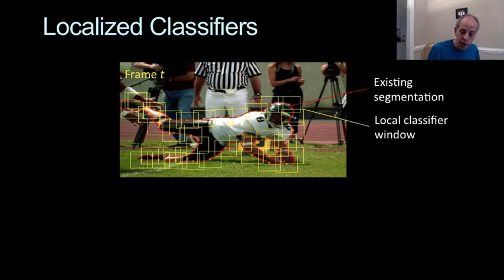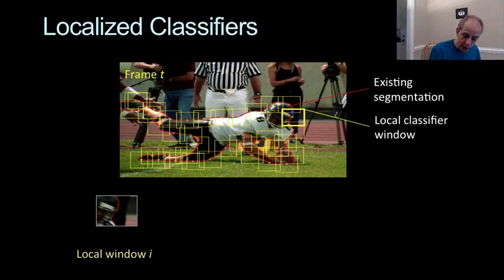From every one of these, we have very important information. So once again, this is just a local window. It's here because we are in a frame for which we are given the segmentation. So we're on frame T. We have the boundary and we have the inside and the outside of the object.